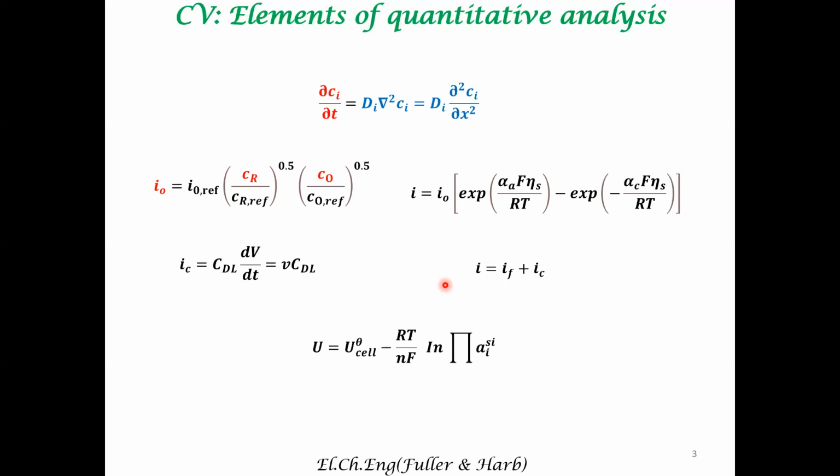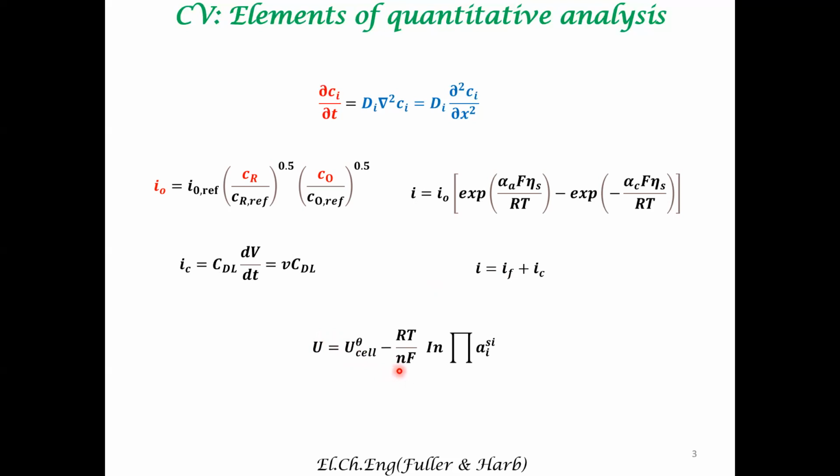So the essence of the reversible system is that once you impose the potential at the working electrode, we can fix the concentration of the redox couple just based on the potential. This gives us a considerable simplification.